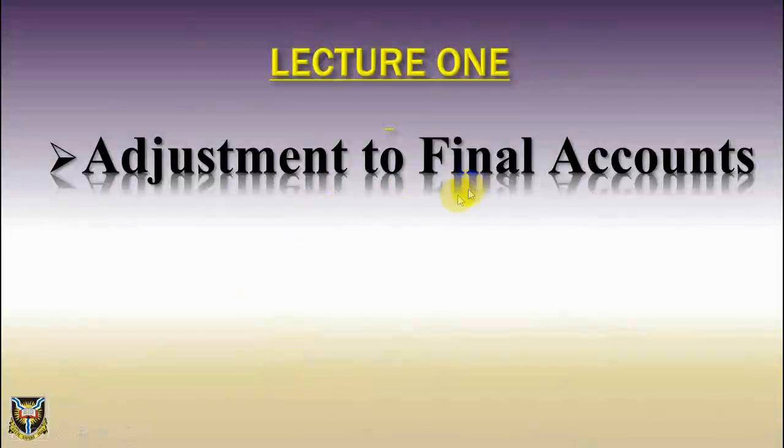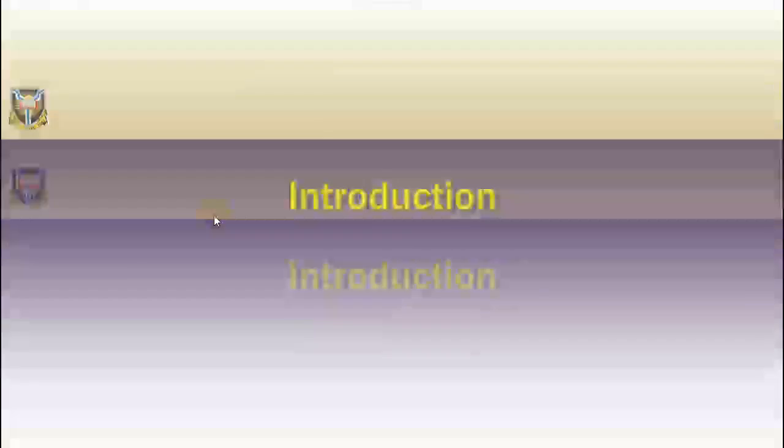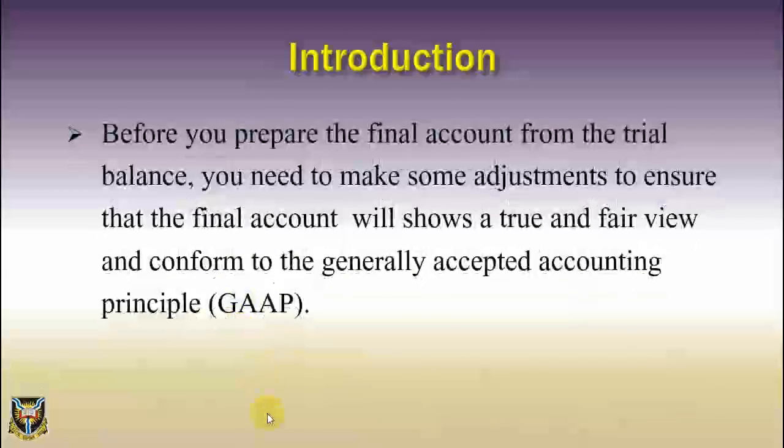Adjustment to Final Account. Introduction. You are now familiar with the application of double entry and extraction of trial balance. Before you prepare the final account from the trial balance, you need to make some adjustments that will ensure that the final account you will prepare shows a true and fair view and conforms to the Generally Accepted Accounting Principles, GAAP.